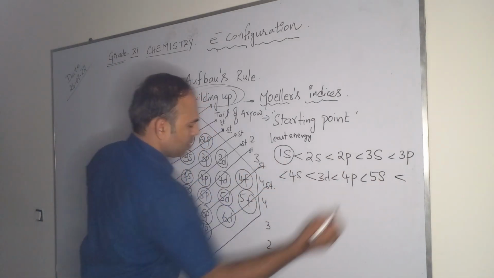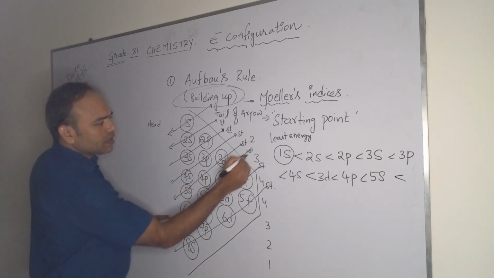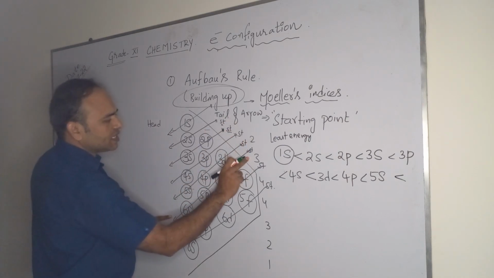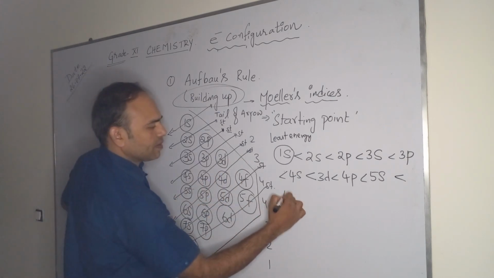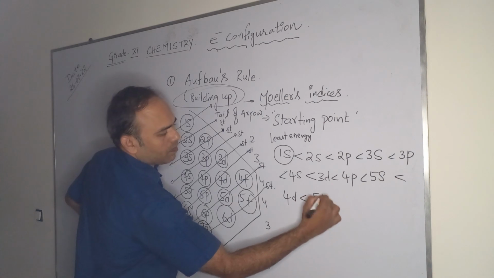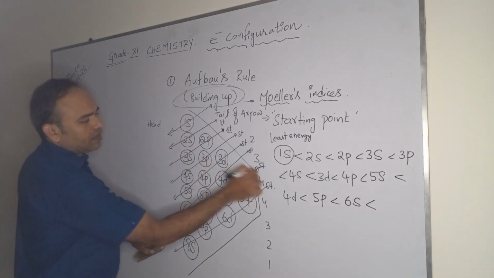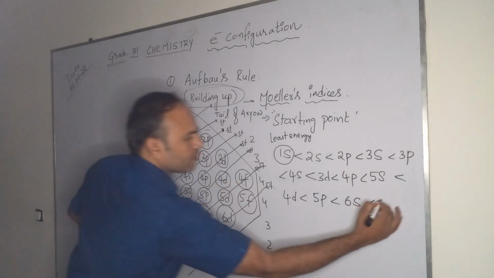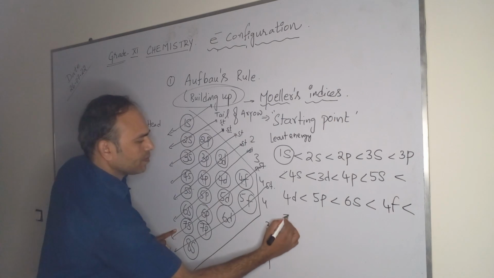Next, where is 5s? Here. Again, go back. The tail of the arrow is the starting point. So 4d, 5p, 6s. Come back. This is your starting point. 4f, 5d, 6p, 7s.